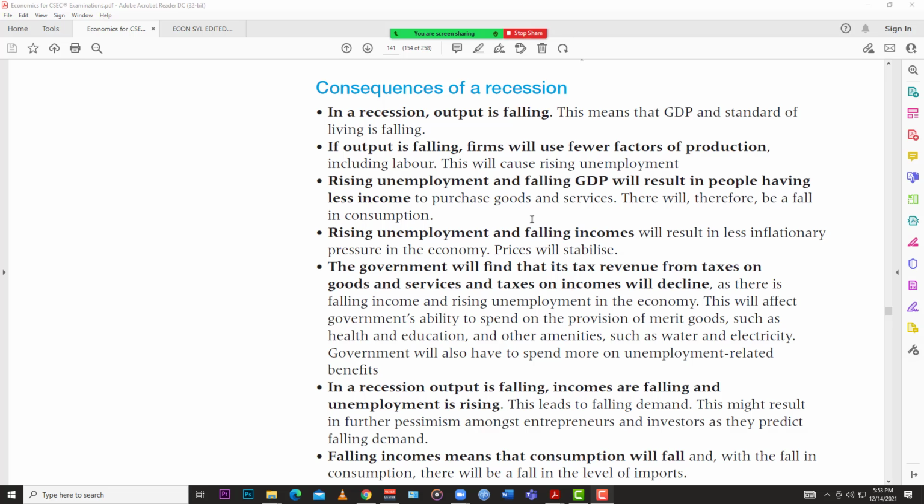And almost all of these will happen if there's a recession. It's not like you pick and choose. Output falling, firms letting go of people, national income falling, GDP falling, unemployment rising, revenue from taxes falling. All of these things happen during a recession.